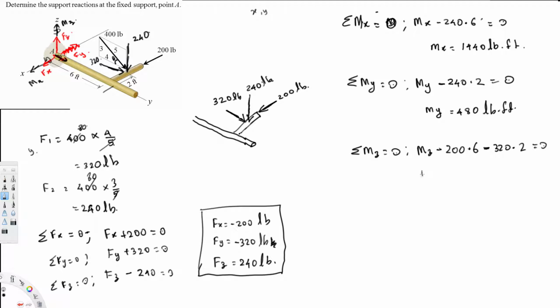If I solve this, Mz minus 1200 minus 640 equal to 0. Therefore, the final answer comes out to be Mz equal to 1840 foot pounds.